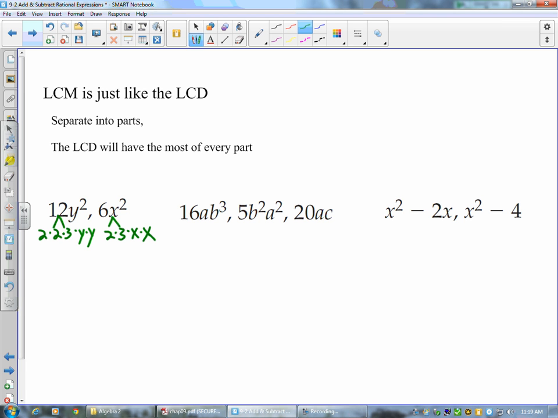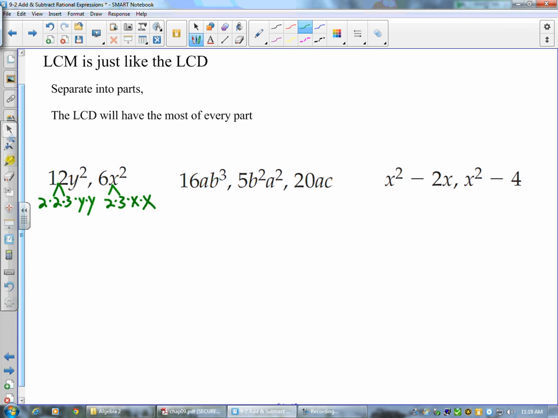So if we look at it in parts, look at just numbers first, our least common multiple, or least common denominator, needs to have all of these numbers. So it needs to have a 2 times 2 times 3 in it. And as far as 6, it has a 2 and a 3. We already have a 2 and a 3. We don't need to add any. We need to have a y and a y in it.